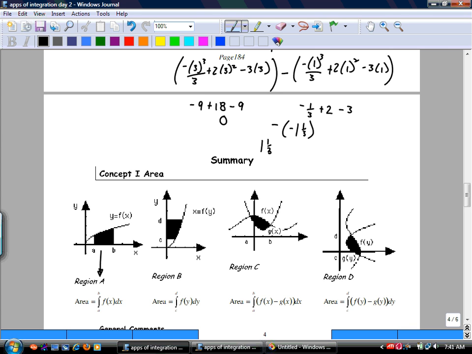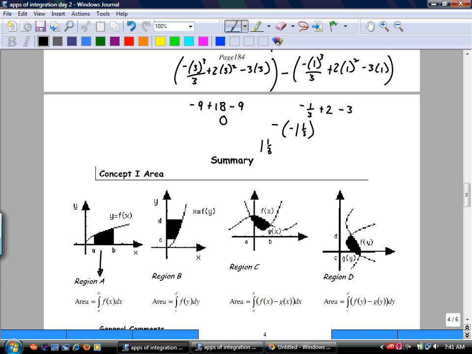I want to do the area next to the y-axis. Notice how it changes. Oh yeah, you're integrating with respect to y now, and you're using y coordinates d and c to do the question, not the x coordinates, because the x coordinates are 0 there, right?